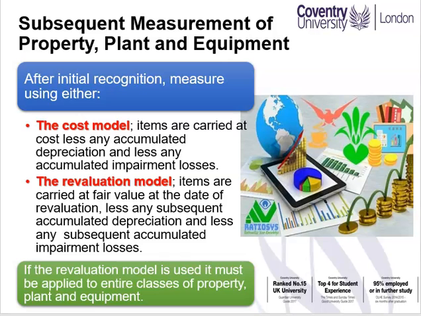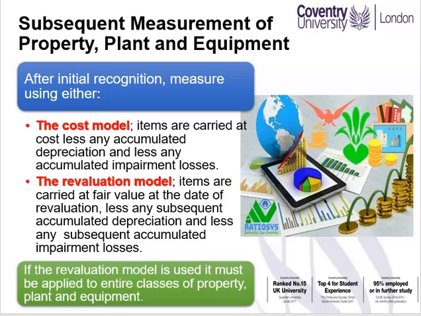In terms of the revaluation model, the items will be carried at fair value at the date of revaluation, less any subsequent accumulated depreciation and less any subsequent accumulated impairment losses. When an asset is revalued, the revalued amount basically replaces the cost, and depreciation then starts from the date of revaluation.